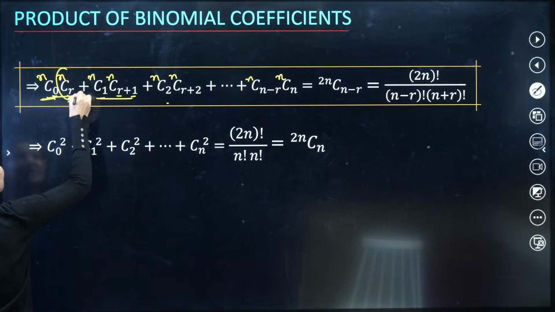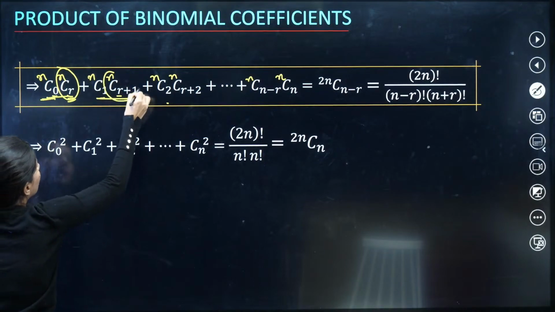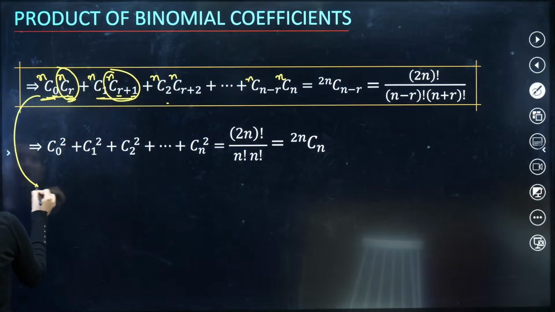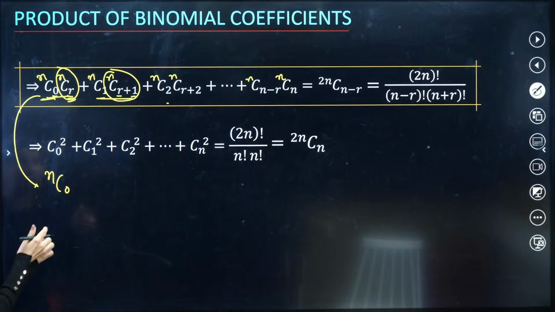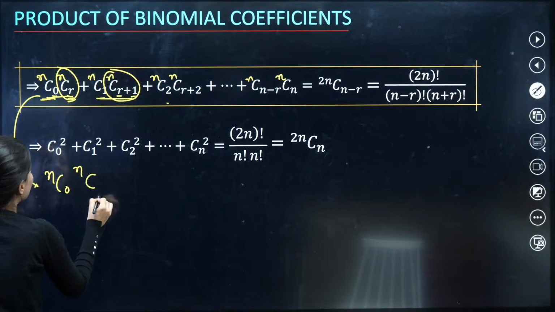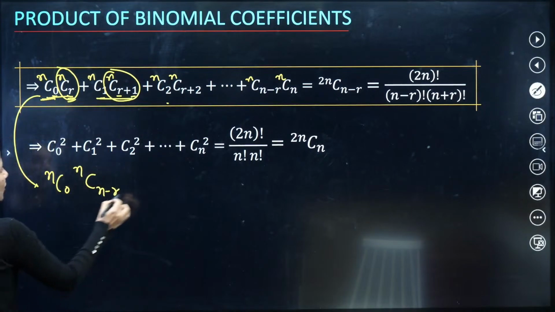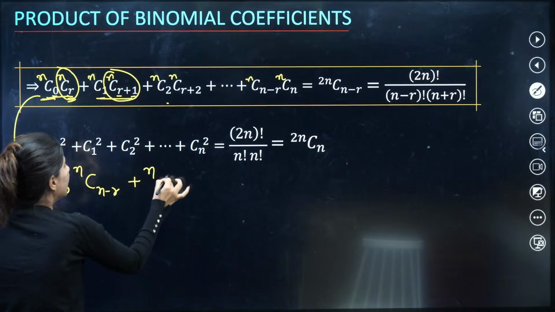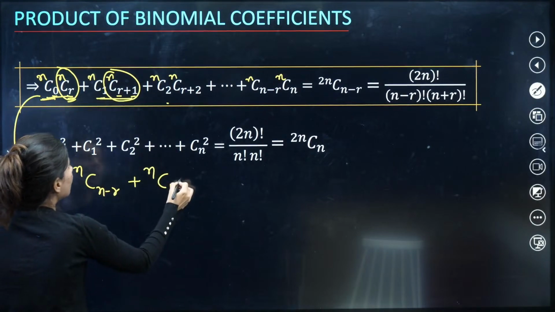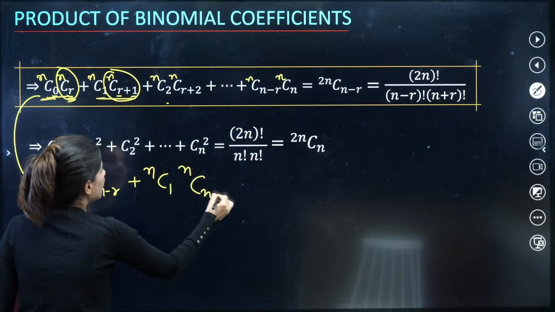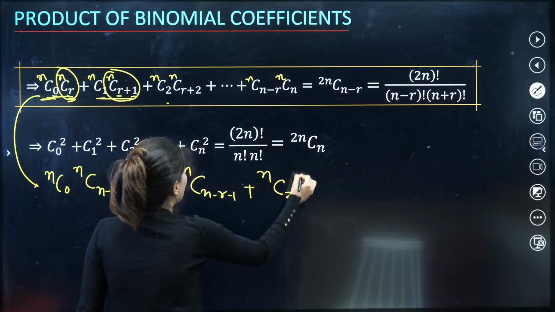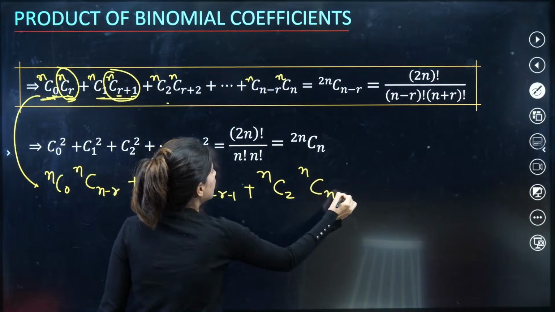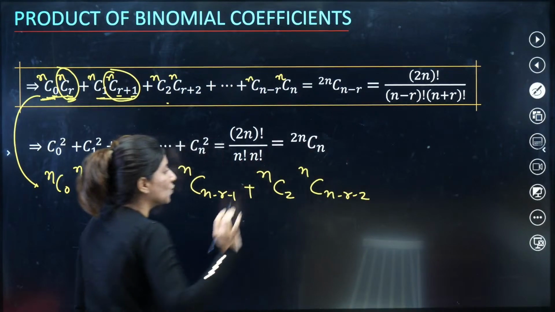So I will change the second term. NC0 will be the same, one term you have to keep the same. NCR will become NC(N minus R). Plus NC1 will be exactly the same, NC(R+1) will be NC(N minus R minus 1), plus NC2 will be the same and NC(N minus R minus 2), and so on.